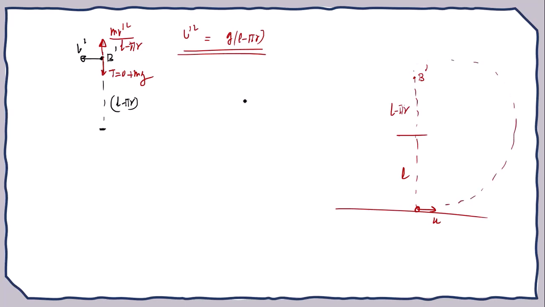So the gain in potential energy is how much? The gain in potential energy is equal to mg into (L plus L minus pi r).